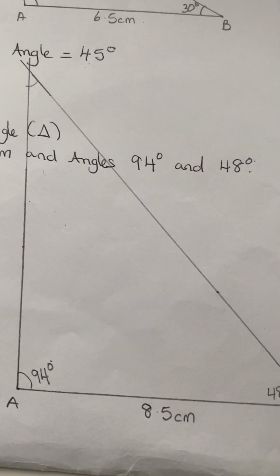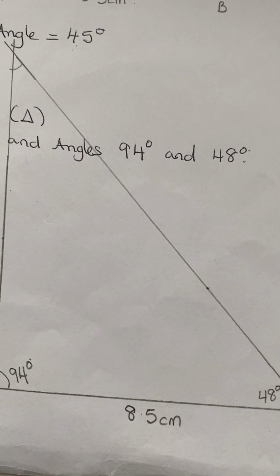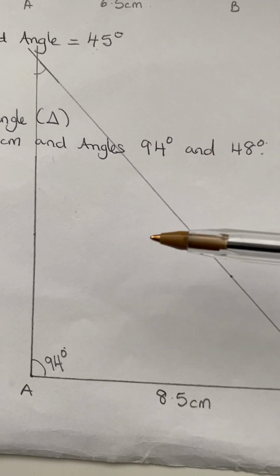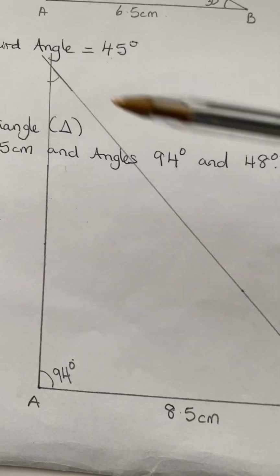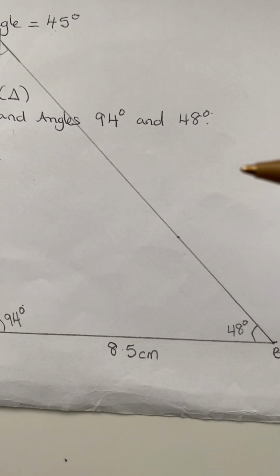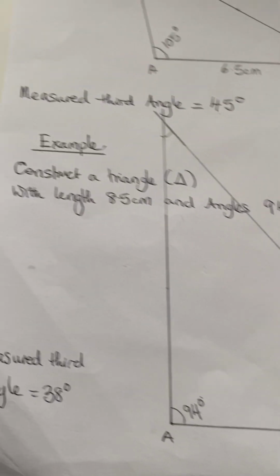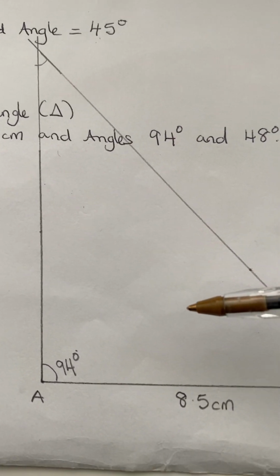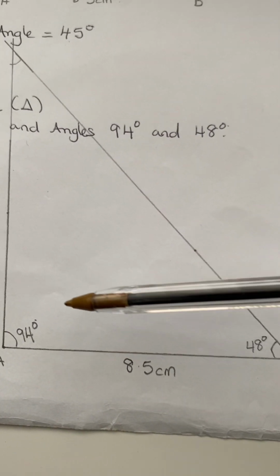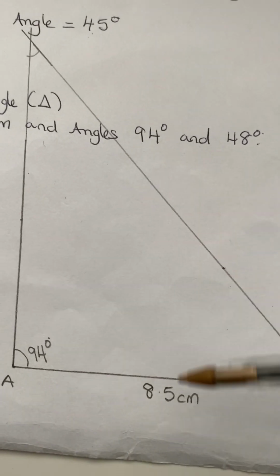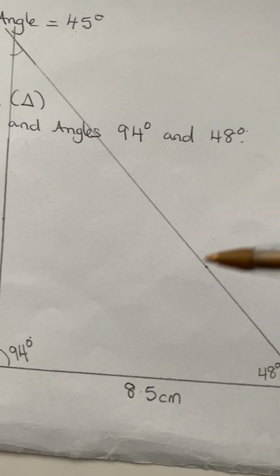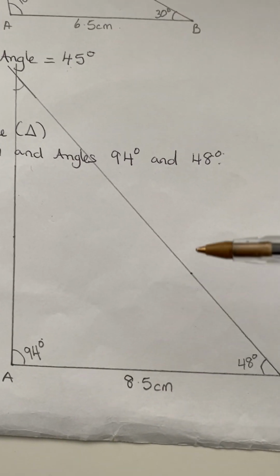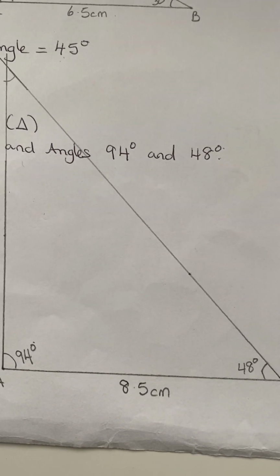You've just seen that in any type of triangle, the angles should add up to 180. So this angle here will be 38. These are questions again you can easily do with little calculations, which can give you 1 or 2 marks.